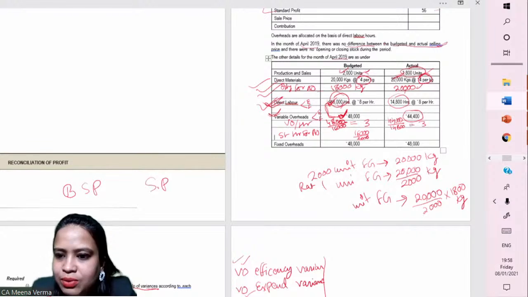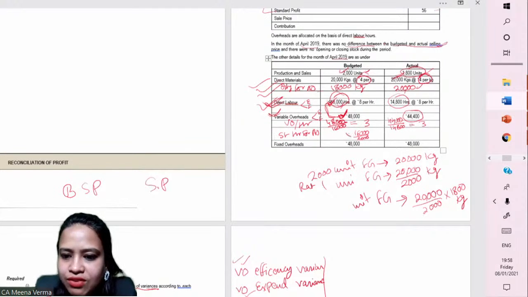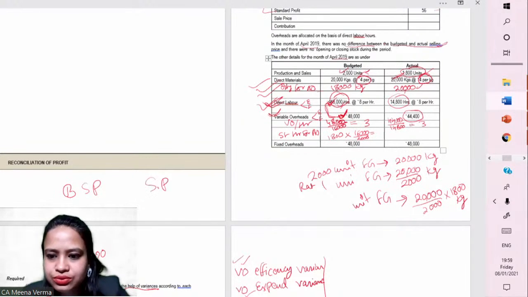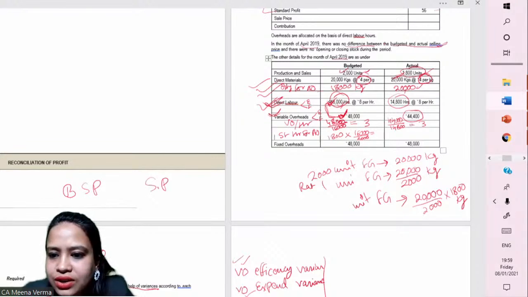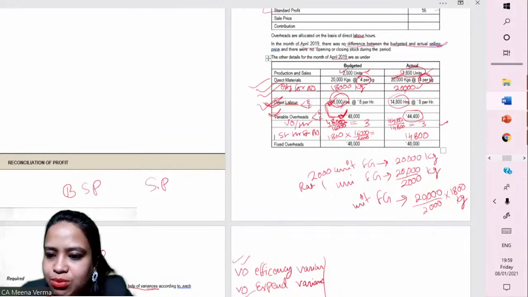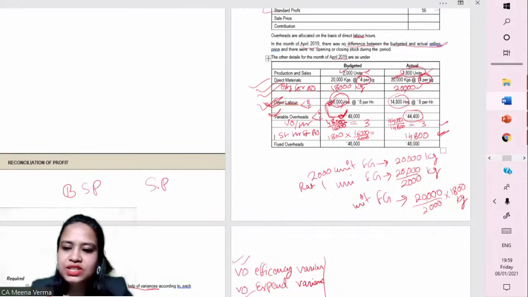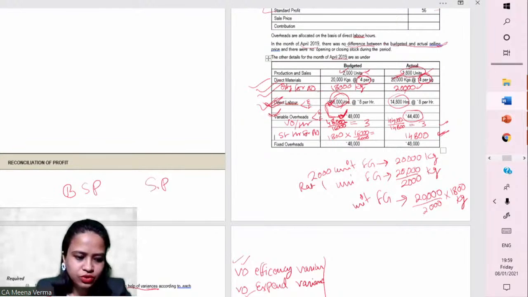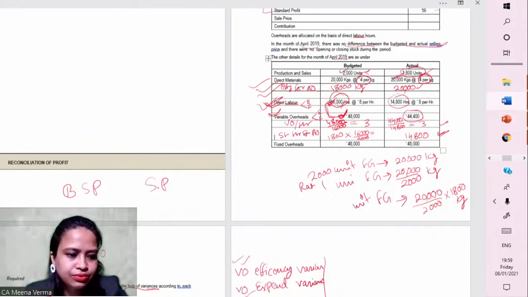So what will be the hours in case of 1800 units? This way you will get the standard hours for actual output. And what is the actual hours here? 14,800 is the actual hours. So use this information, find the variable overhead expenditure variance and efficiency variance. Solve this.